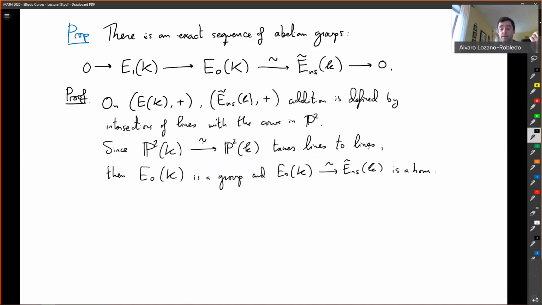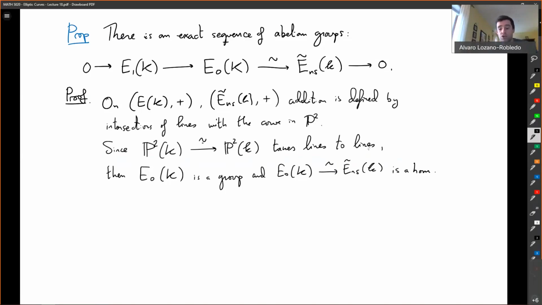Certainly it takes lines to lines, and the addition of points over K and the addition of points in the residue field work exactly the same way, because the lines are sent to lines.